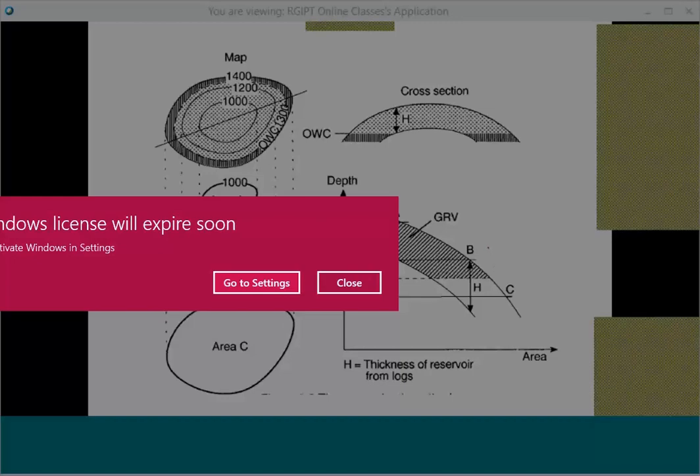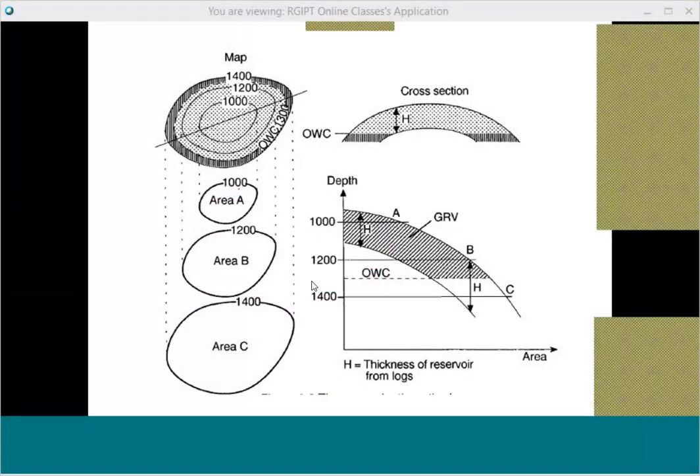So what you basically do is you make contours, like you do contour mapping, contours at equal interval, and you map this up to OWC, and then again you can use this to calculate area.